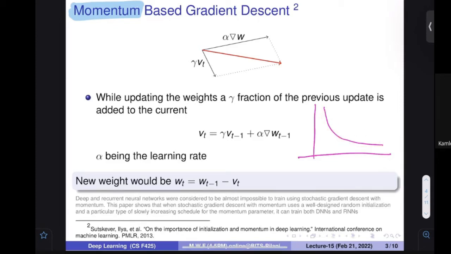It means that initially you are moving very fast in the error reduction direction, so if you maintain this, it would be a nice idea. Because all these things are vectors, so w is also a vector. Let's assume that for the weight at time t, vt is the amount that you want to change. This is with respect to the derivative only.